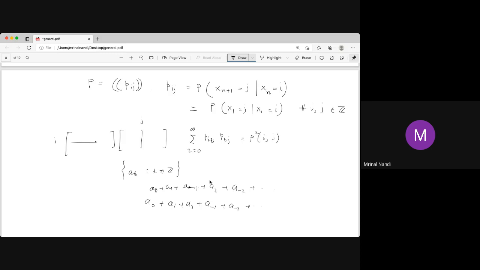But why do they converge? That is easy, because every term p_it p_tj is less than or equal to p_it, and if you take the sum, then the sum is just 1. So it is bounded.